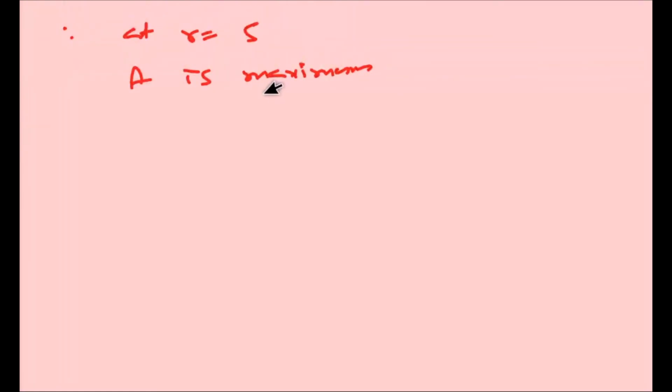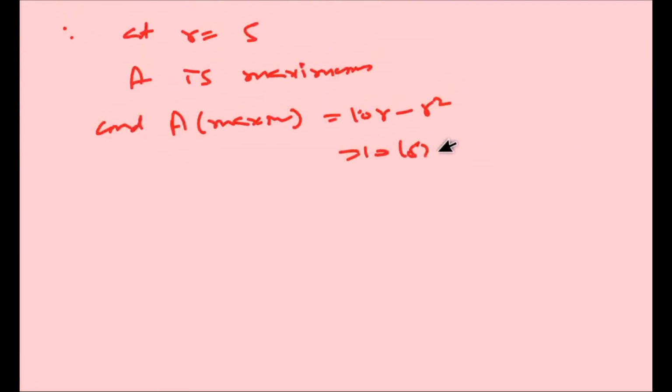And if you want to find the maximum area, you can find it in the given equation, 10R minus R square: 10 into 5 minus 5 square, 50 minus 25 = 25 centimeter square. It is your required answer.